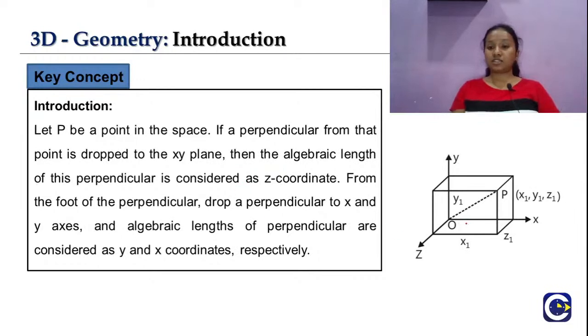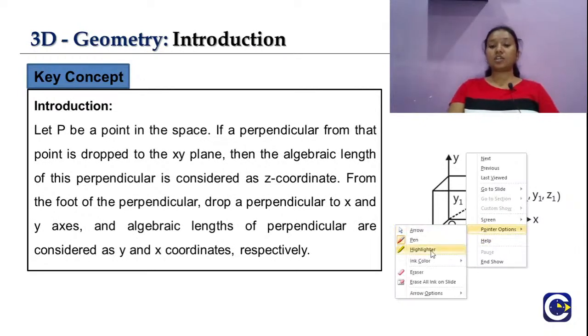That means in 3D, if you drop a perpendicular, this part will be the z. We know this will be x and this will be y. When you imagine it, you will understand the coordinates.